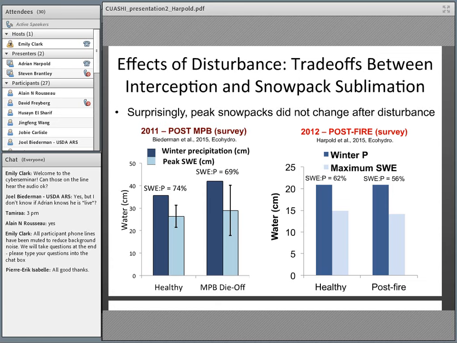We can look at a very similar figure from a paper by Joel Biederman from southern Wyoming with a control site in northern Colorado. And we again see that the ratio of SWE to P really remains unchanged, or in fact decreases following disturbance.